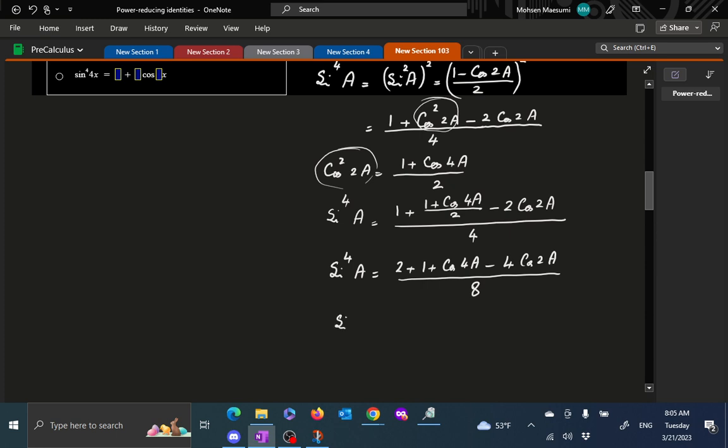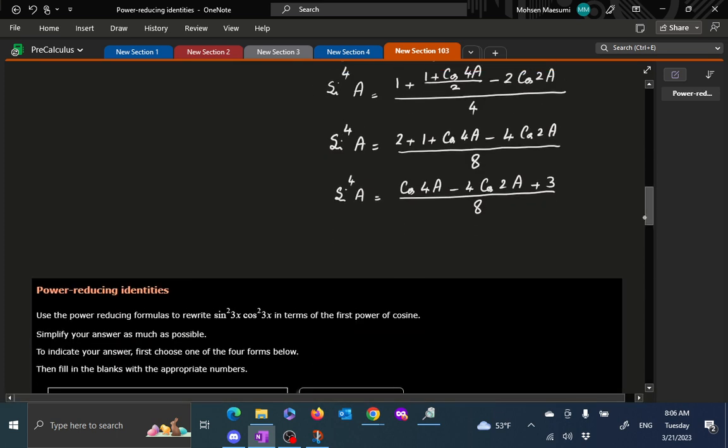Clean it up. Now how do we clean it up? Again, it's important to be neat here. Either we start writing from the higher multiple of a and go down, or the other way around. So perhaps I start with cosine of 4a minus 4 cosine of 2a, and then plus 3, divided by 8, so that it looks neat and clean.